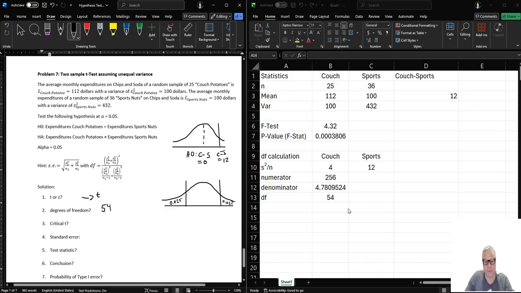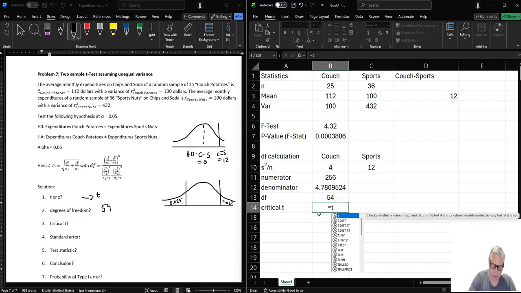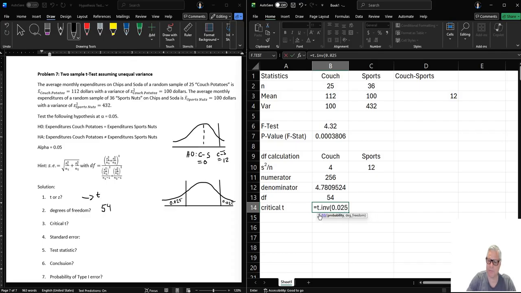All right, so we call that critical T equals, we use T dot inverse because it's now alpha half, so 0.025. Degrees of freedom 54.